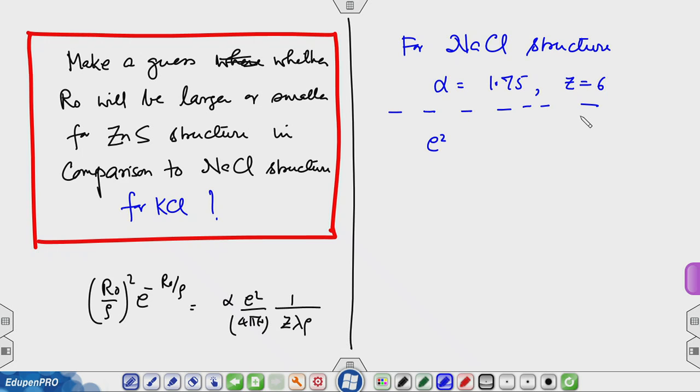All other quantities are fixed. e square over 4 pi epsilon naught is 2.56 times 10 raised to minus 38 times 9 times 10 raised to 9, and this comes out to be 2.30 times 10 raised to minus 28 joule meter.